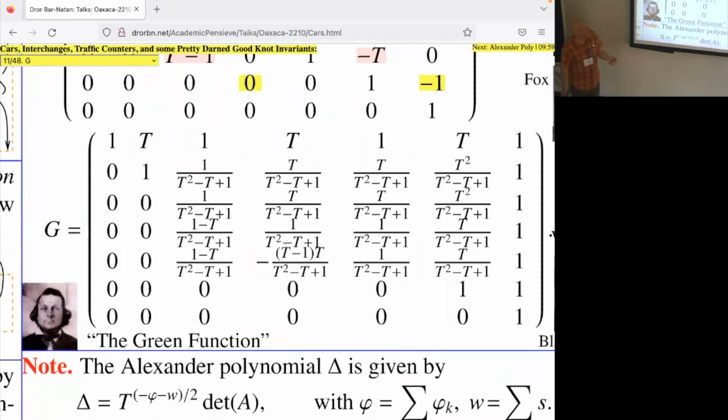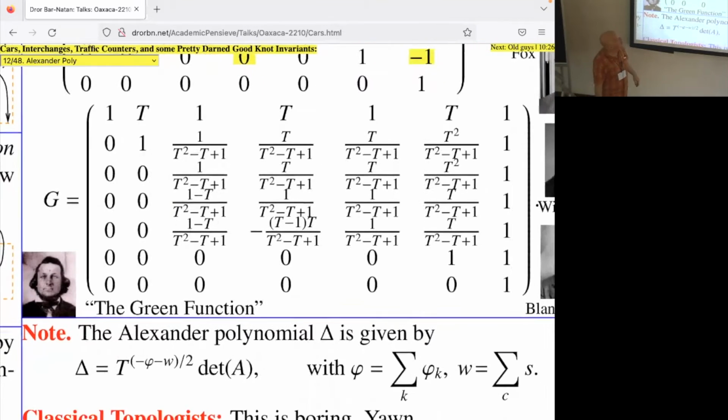And then you invert it, and call the result the Green function, because it plays a role similar to the Green function elsewhere in mathematics and physics. And here is what it looks like. That's just the result of a stupid computation. Inverting a matrix, by the way, is a cheap operation. So everything I've done so far is cheap computationally.